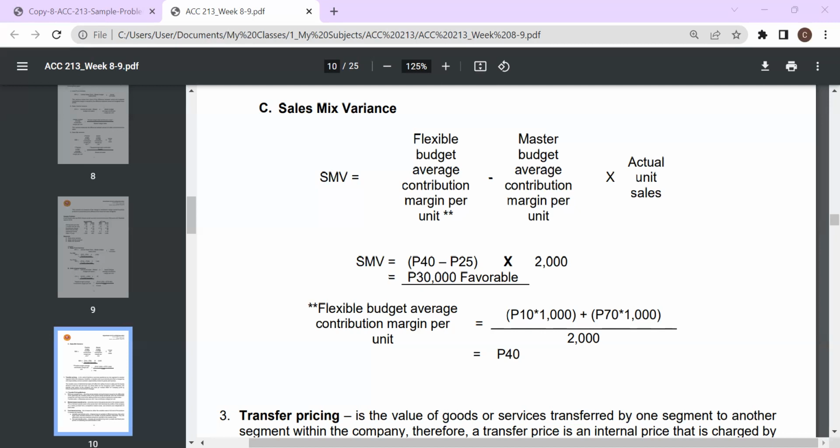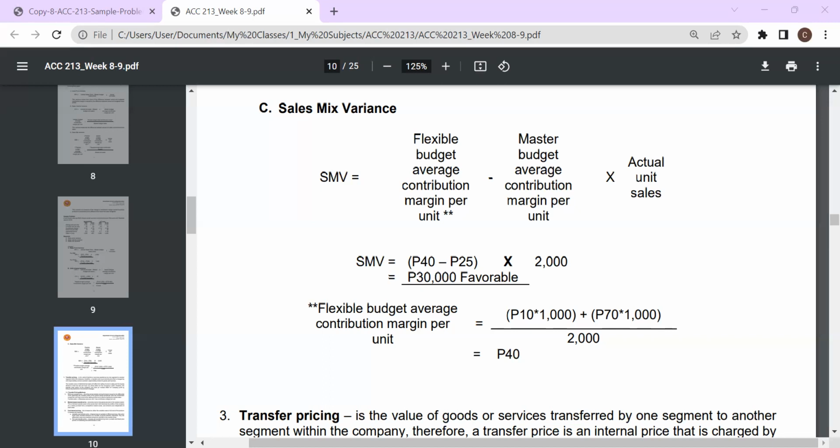Last will be the sales mix variance. So, for the sales mix variance, the first thing that you have to do is you compute muna the flexible budget average contribution margin per unit. Okay, so how do we compute for that? That is your actual, no, or your budgeted sales price.